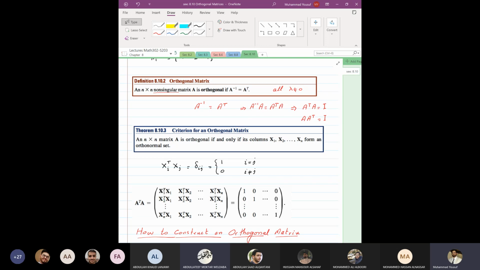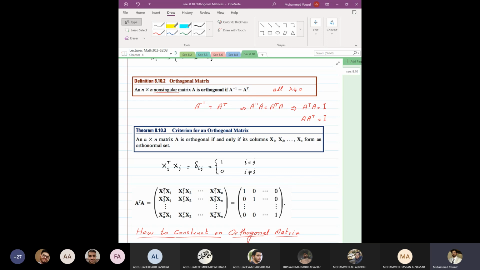And you see definition 8.10.2, what it says: if lambda is not equal to 0, then it's non-singular. But lambda 1 is equal to 0. So this matrix by itself cannot be an orthogonal matrix.